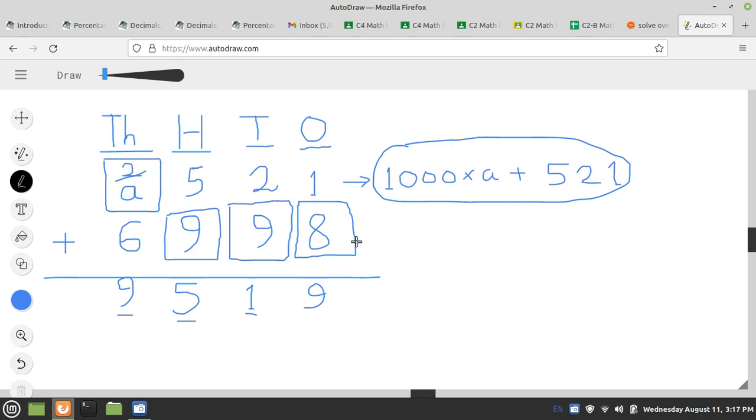Okay, so now similarly the second number we can expand like this. Already you know the thousands place digit, that is 6. So 6, the digit, multiply it by the place's intrinsic value, so thousands place, so 6 multiplied by 1000 plus. Okay, now dear students, we don't know these digits at first.